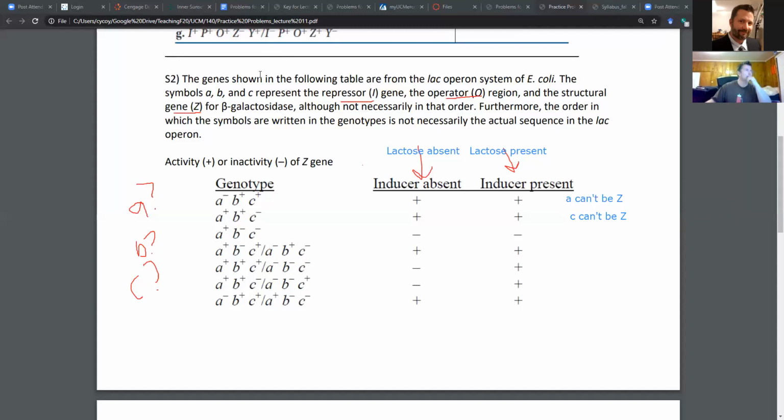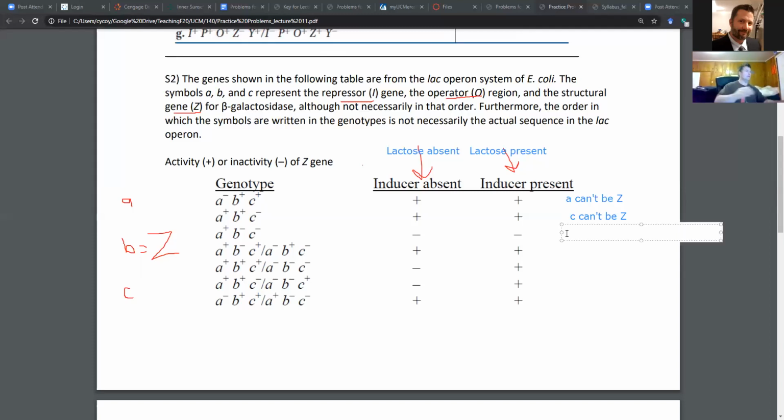Okay, let's clean this up a little bit. So right now, at this point, I would probably say that B is Z. Okay, let's keep going. So now we have two copies.